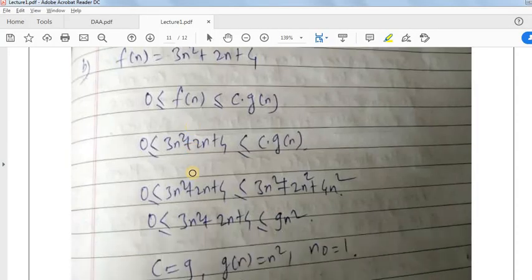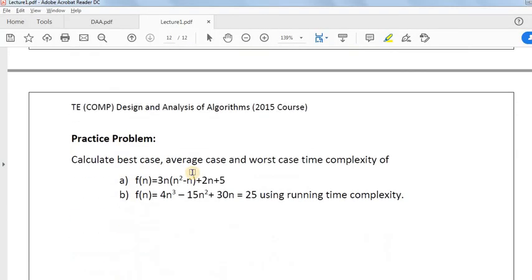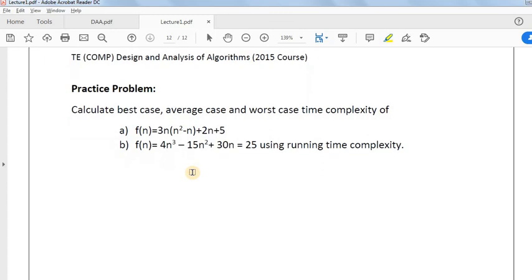Based on this, users are advised to solve this problem, a practice problem asked in the mid 2017 university examination. Calculate best case, average case and worst case time complexity of the following functions. We have been given two functions. f of n is equal to 3n square minus n plus 2n plus 5.